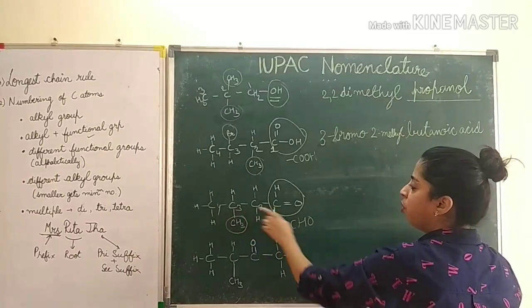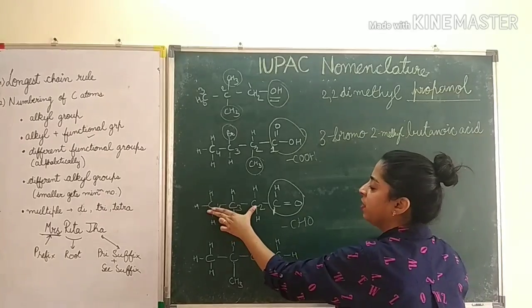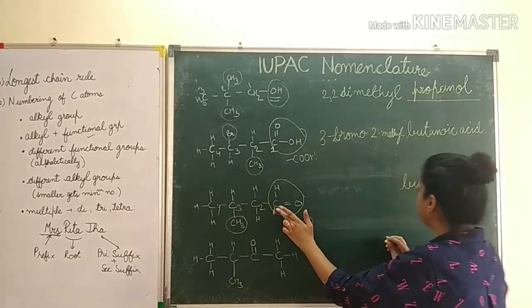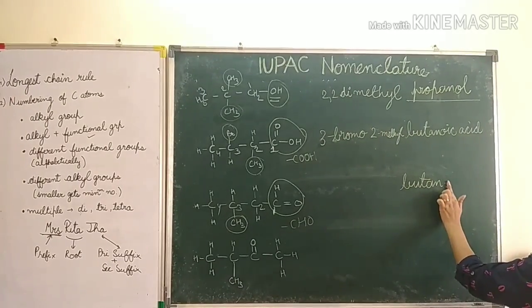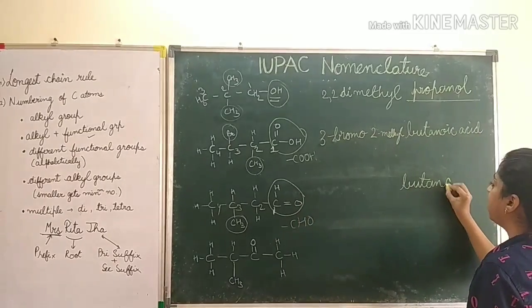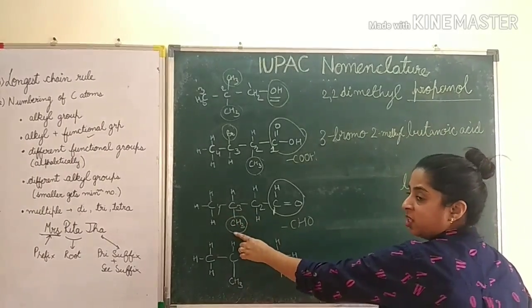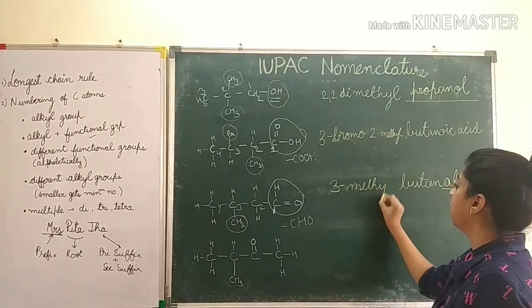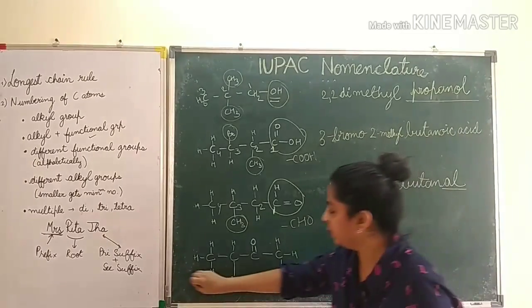So 4, so but, single bond between carbon-carbon, so we will write butane. Then we will remove this e and add al for aldehyde, so butanal, right? And at the 3 position there is methyl, so we will write 3-methylbutanal, right?